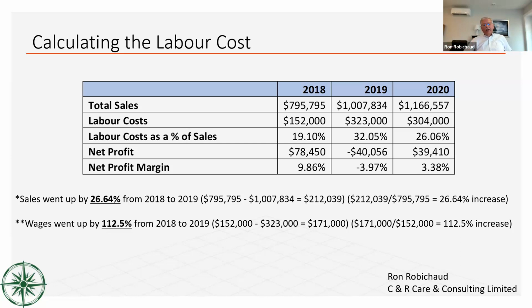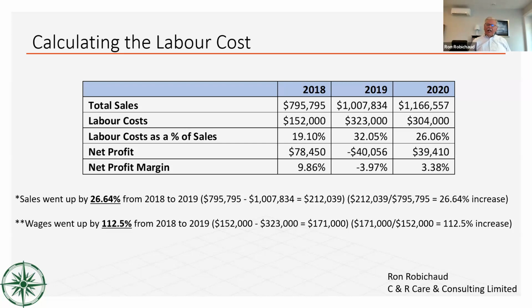So let's take a look here. In 2018, with our revenues of $795,000, again, remember that we have accounts receivable of roughly $300,000, so 795 total sales, that's fine, but we don't have the money in the bank. Labor cost was 152,000. As a percentage of sales, it was 19.1%, meaning that for every dollar of sale, it costs us 19 cents in labor to produce that dollar of sale.